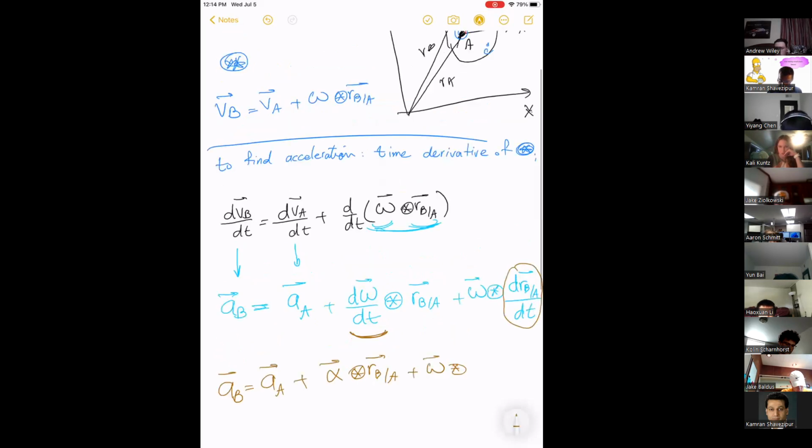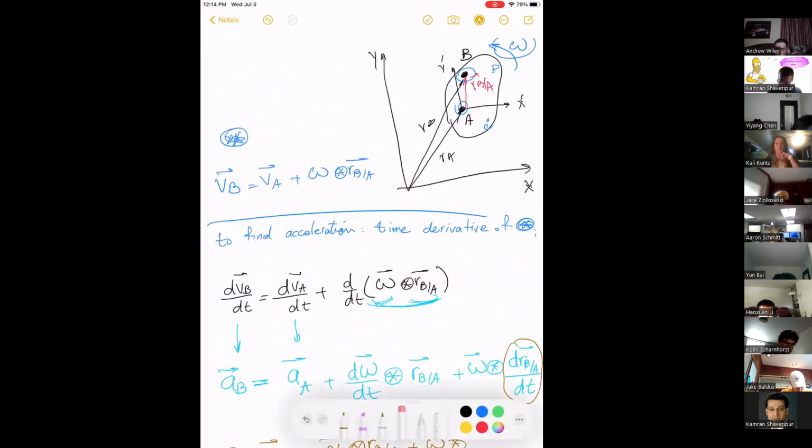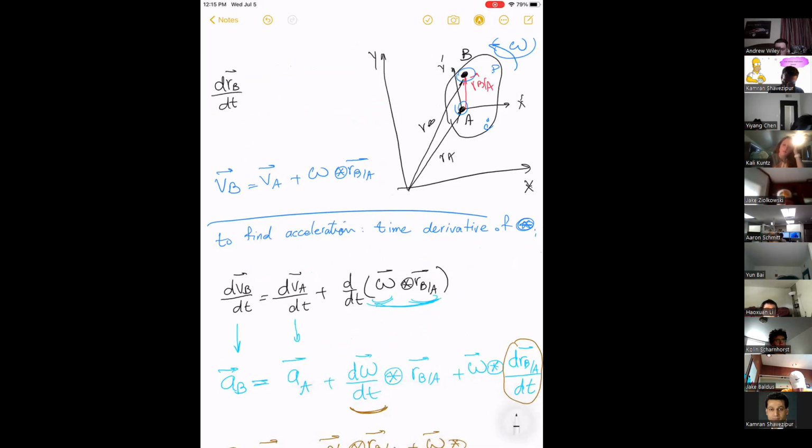You remember how we started here? If we go back a couple of steps, you had drB/dt is equal to drA/dt plus drB with respect to A. We started from here, right?